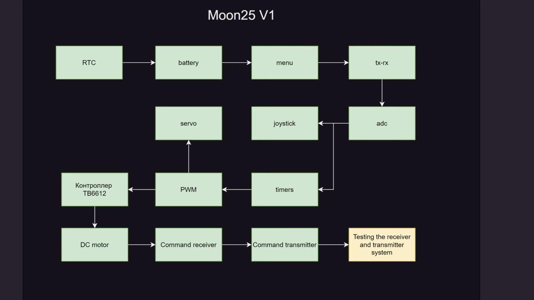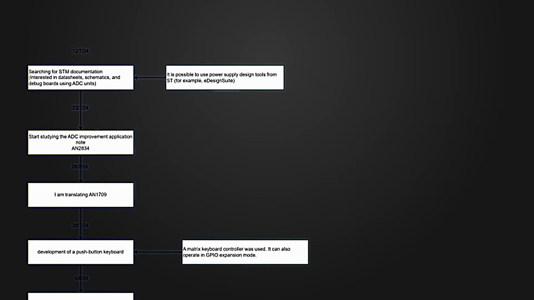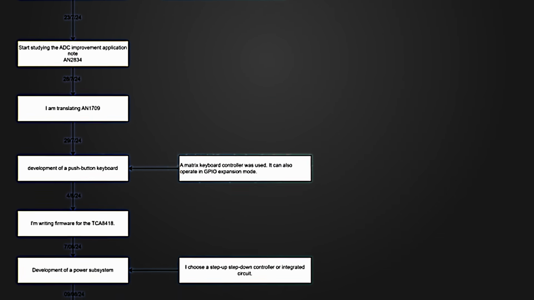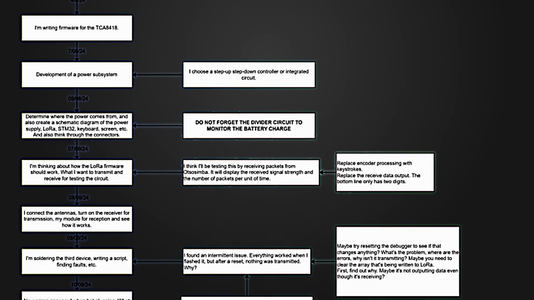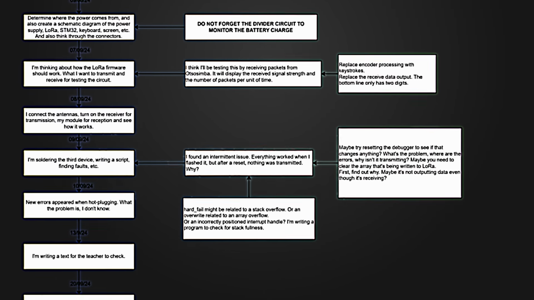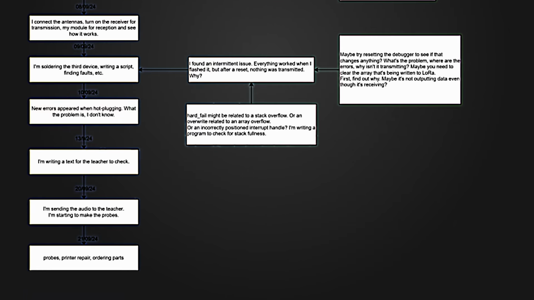I usually draw up various diagrams and charts in which I describe the algorithms and tasks whose solution will bring me closer to completing the project. You might not have any ideas at first, but as you study, the plans will become more precise and clear.